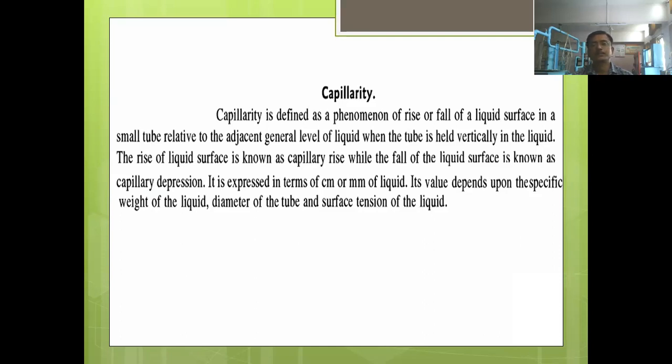So write it down. Capillarity is defined as the phenomenon of rise or fall of liquid surface in a small tube relative to the adjacent general level of the liquid. Is it over? Yes.